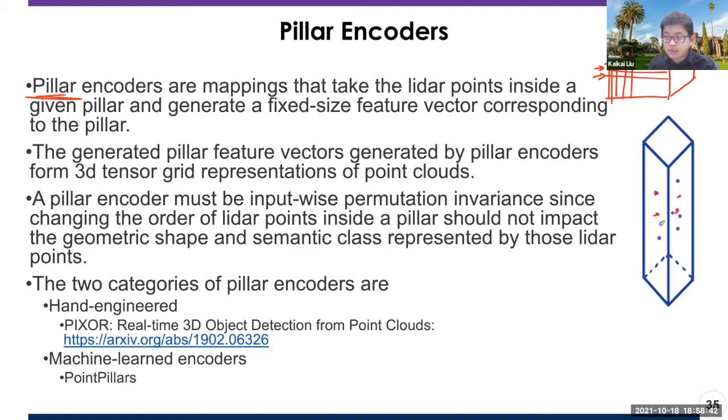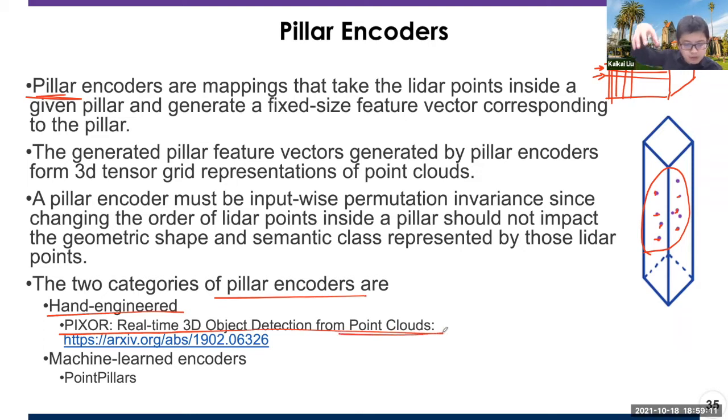This is similar to the previous VoxelNet and SECOND. They also try to learn from these features. So this is called a pillar encoder. For a pillar encoder you can also use hand-engineered, hand-picked features.